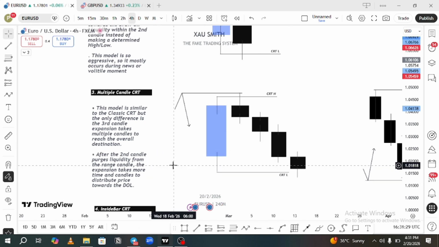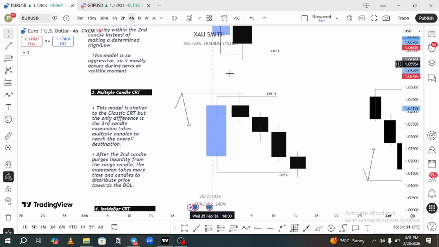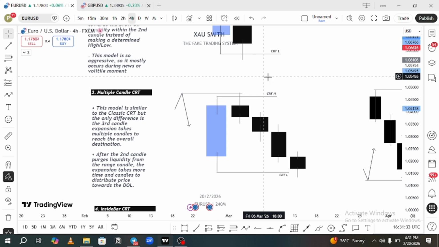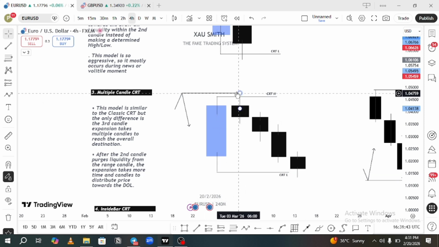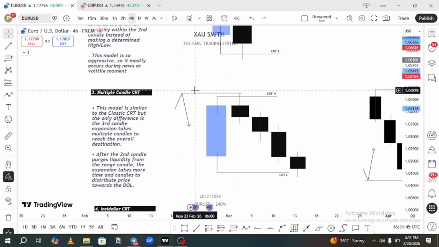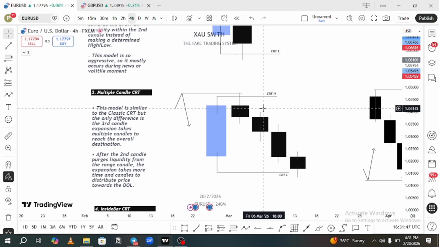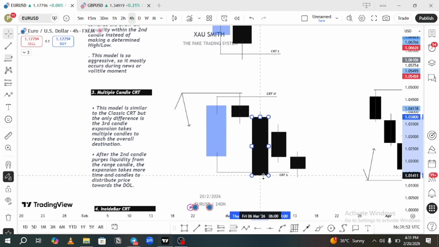So this is just more like the first type of CRT, which is the classic CRT. Now when we have our range here, the high of this first candle and the low of this second candle, sorry, the first candle here, the market takes out the high, right, touching into our key level. Then the first type of CRT would have been expecting this candle to go to take out the what? The drawn liquidity.